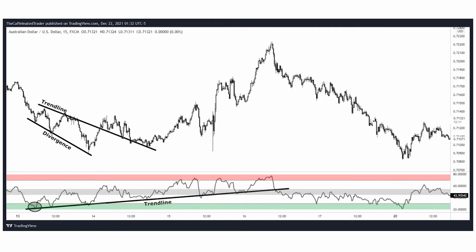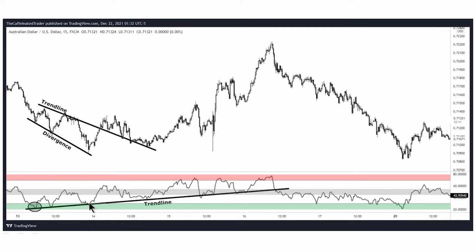And yes, you could buy if you wanted to, because you already had the oversold, you had the divergence, and then on the price chart, you have the trend break. But if we look back down at the RSI, we have been following a trend there as well, right? You can see we're following the trend here. And if we wanted to, we could actually wait because we see that it's fairly high over here.